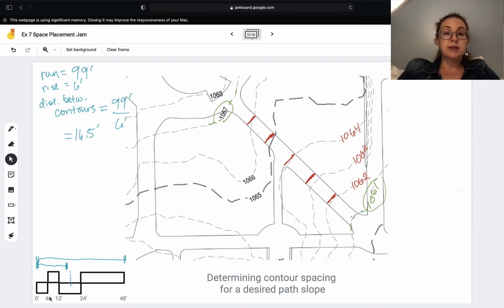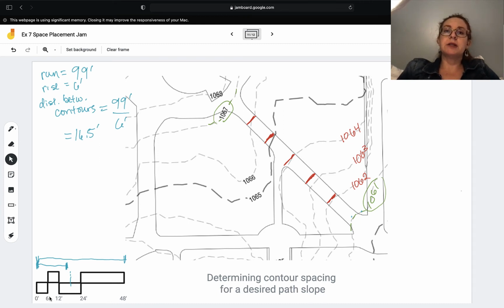And I just want to say that when you find yourself in this situation, pause and think, okay, what am I trying to do here? And the most basic way to make a path stand out from the existing landscape is to treat the contours in this way and make them perpendicular to the direction of the path.